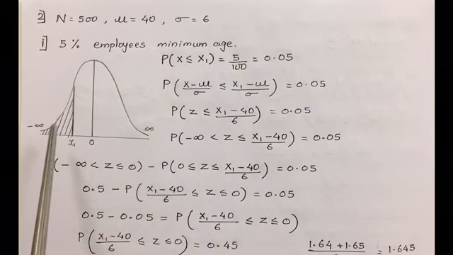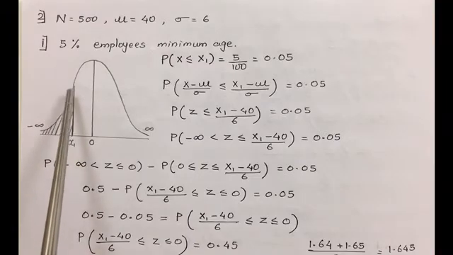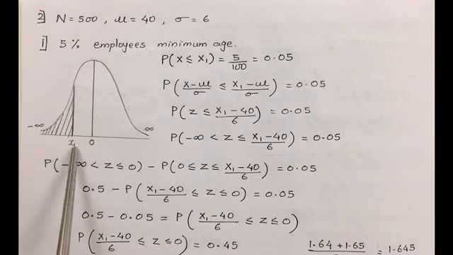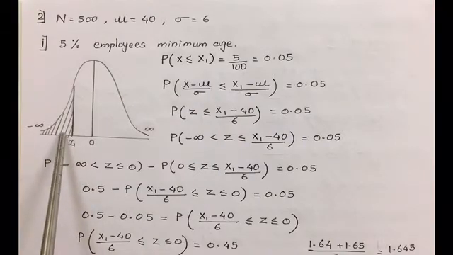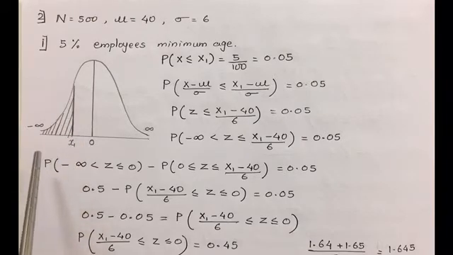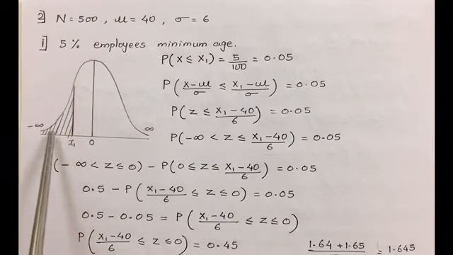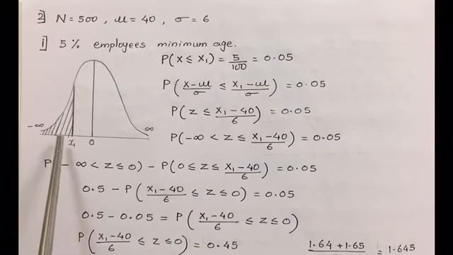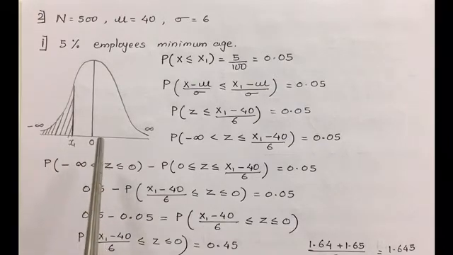Now for the 5% employees having minimum age, we have to calculate the minimum age of the 5% employees, that is x1. Minimum age will lie towards the negative side of 0, towards the left of 0.